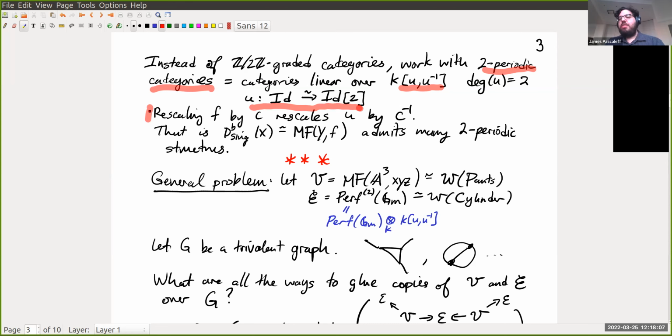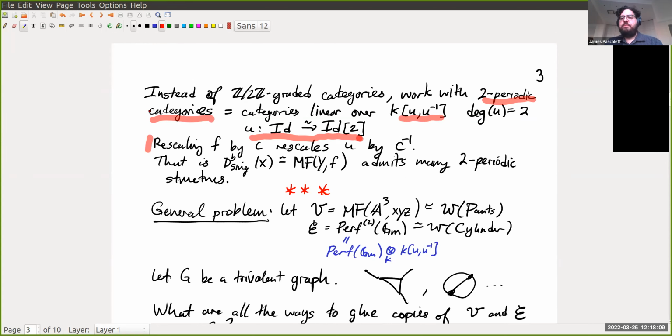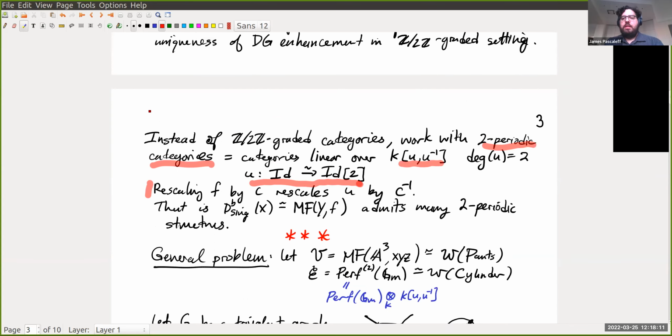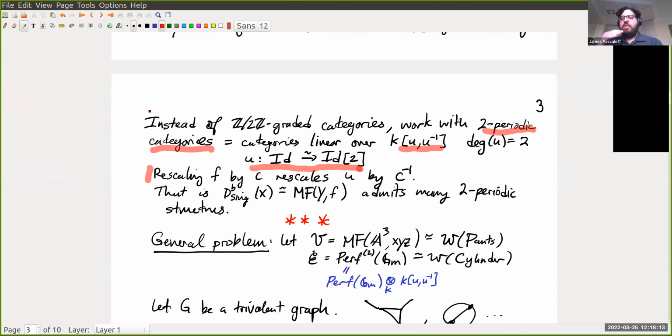And that's the point. This rescaling of the potential can be absorbed into a DG equivalence, but you have a morphism x and then you have u times x, and you rescale x and u times x differently in this equivalence.